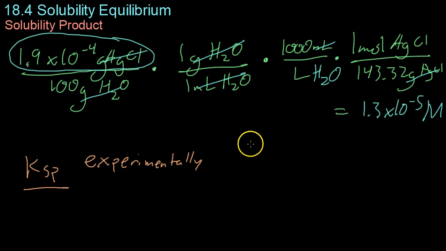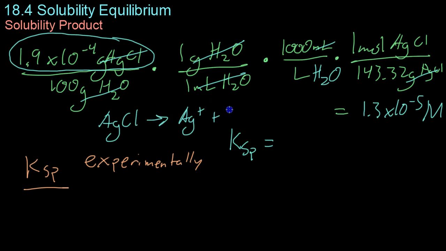Now from there you can determine the Ksp value. Because silver chloride breaks up into equal parts silver and chlorine, that is, there's only one ion of silver and one ion of chlorine in each, we therefore know the concentration.